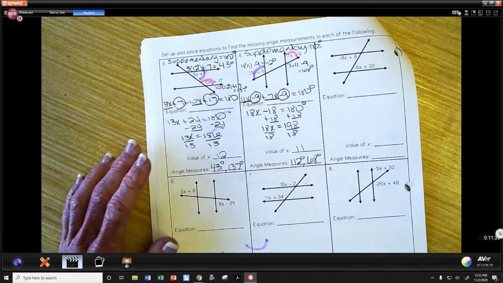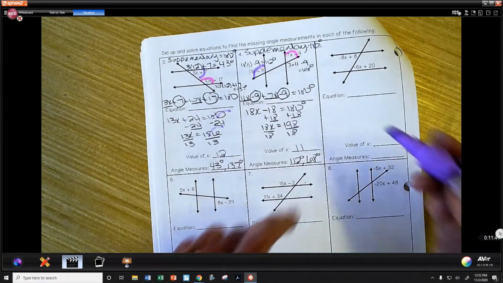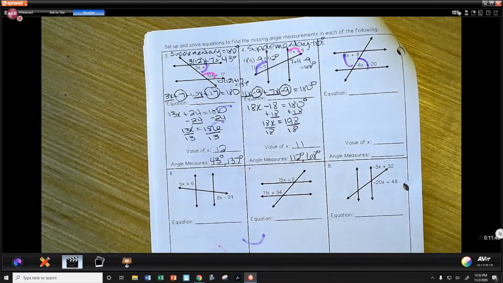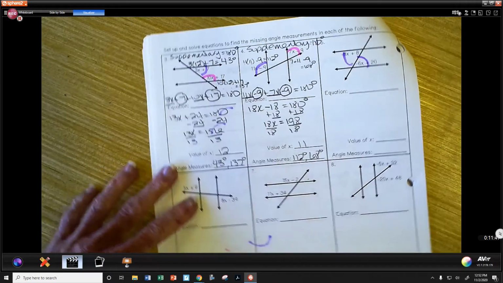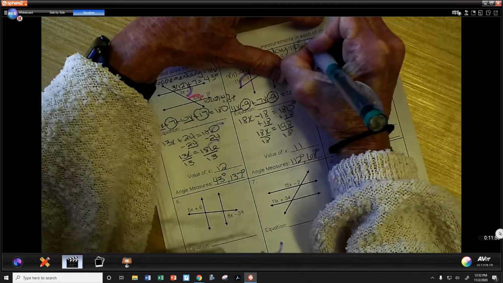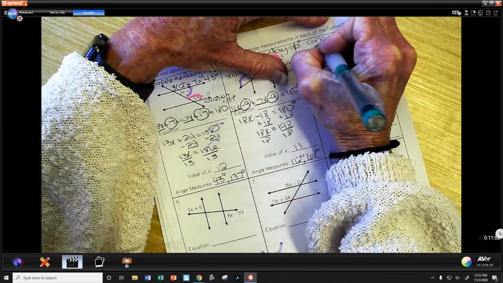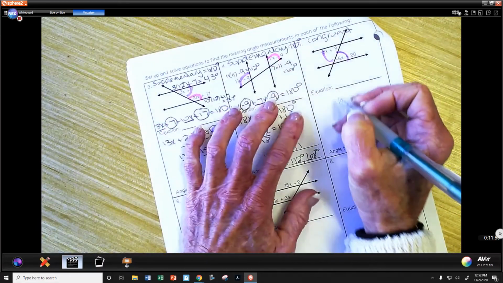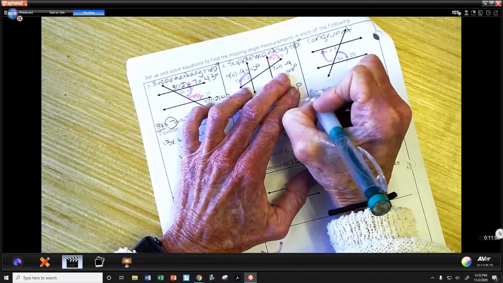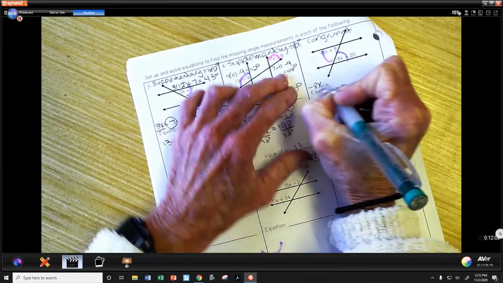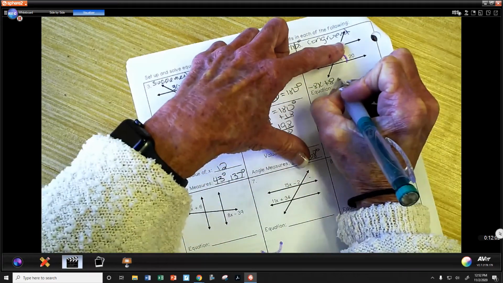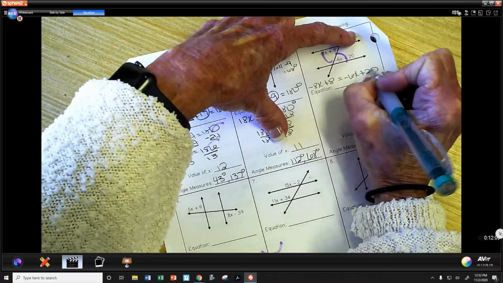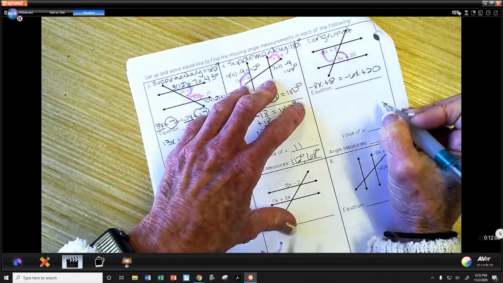Okay, this is the last one I'm going to do. So on these, both of these are the exact same. Okay, those are what we call congruent. Okay, those we set equal to themselves. So this is going to be negative 8x plus 8 equals negative 6x plus 20. I think that says plus.